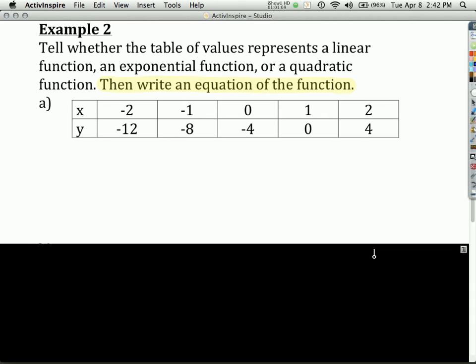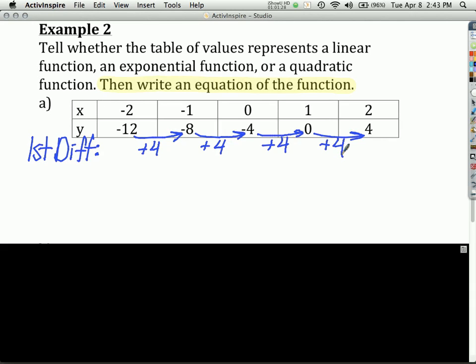Okay, so the first differences, prove it. The first differences are all +4. +4, +4, +4, and +4. So we know it is linear.